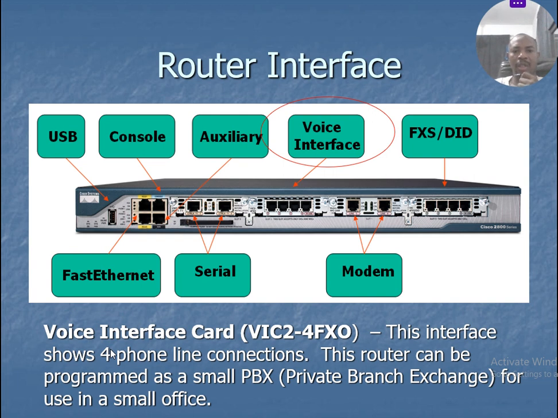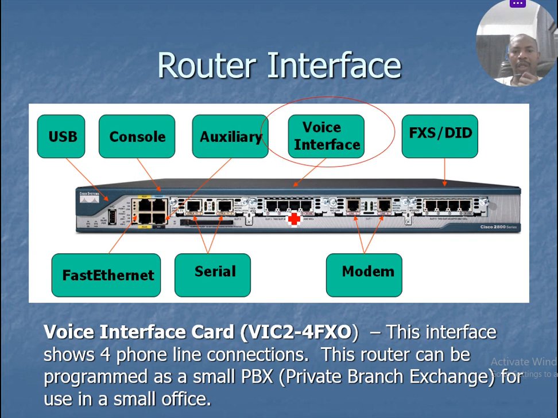The next one is this one. Take a look at this one, the voice interface card. There are 4 of this voice interface. They have 4 inputs or 4 interfaces, so these are used for 4-line connections. From the name voice interface, you already know these are used for telephone lines.